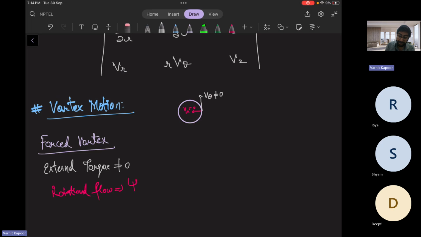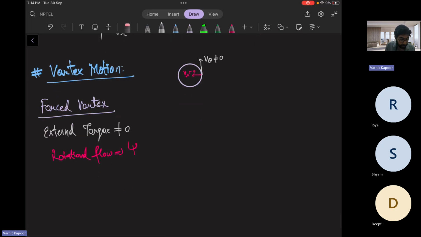So if external torque is non-zero, rotational flow is there. So how much is my V theta? The tangential velocity is r into omega, whatever the angular velocity of the system is.